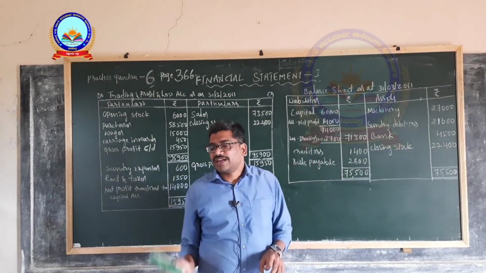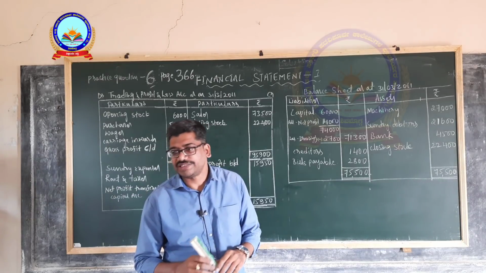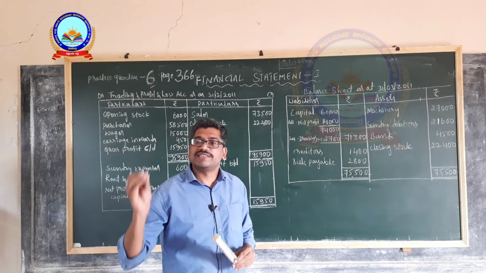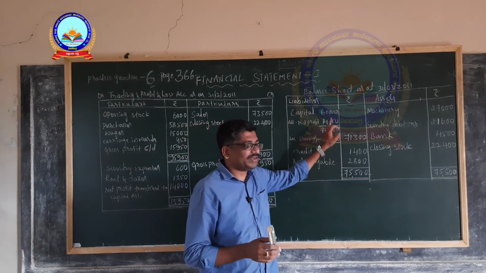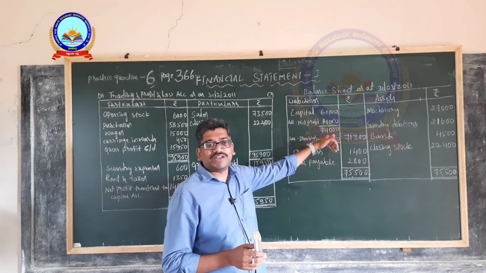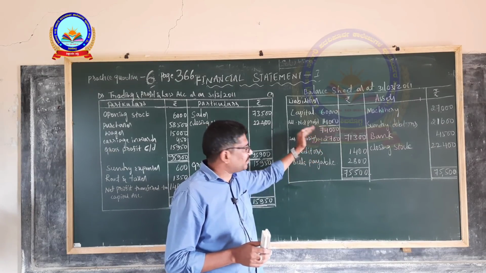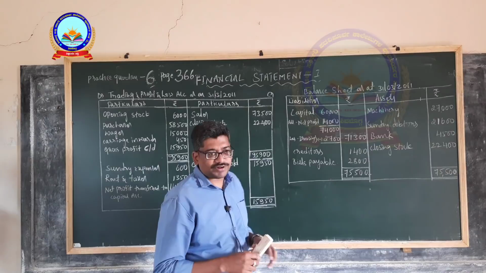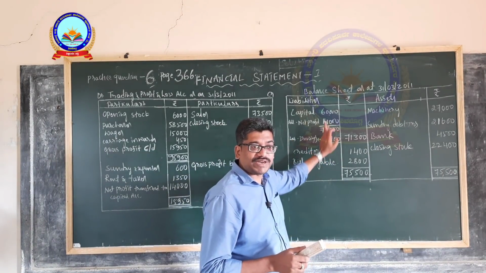Now go to the trial balance. One item there is called drawings. Drawings is an amount that should be deducted from the capital, because I have already explained to you that drawings reduce or decrease the capital. Therefore, we have to subtract the drawings from the capital amount.